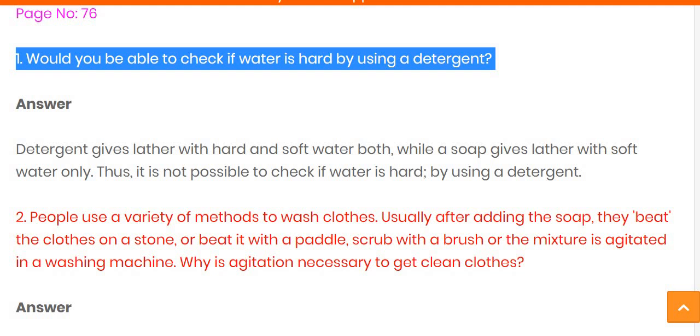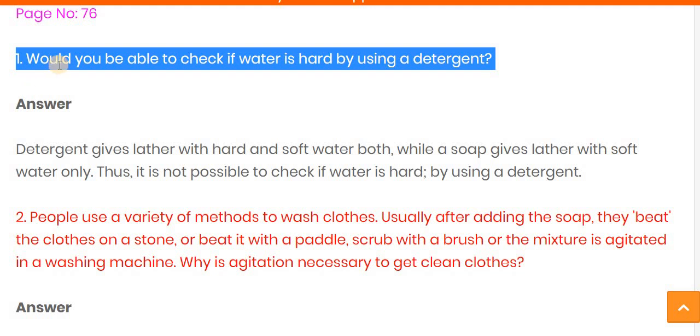Because as we studied, soap does not give the proper reaction in hard water due to the formation of scum. But detergent gives the reaction in both conditions, soft water as well as hard water. So it is not possible to check whether water is hard or soft by using a detergent.